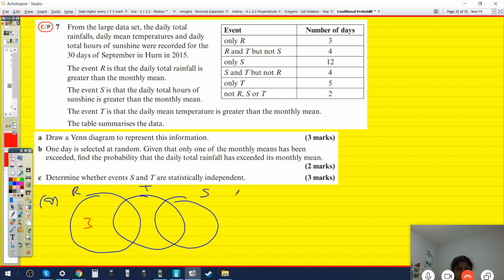Yeah, but which intersection? R and T. Yeah, you're right. Only S is 12. S and T, but not R, is 4. Only T. What about this last one? It's in the box on the outside.